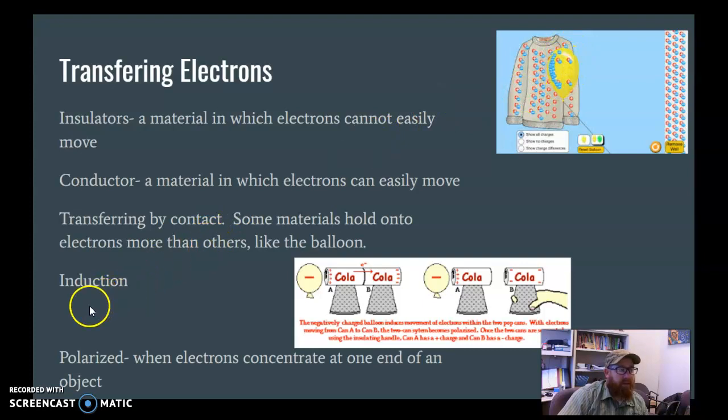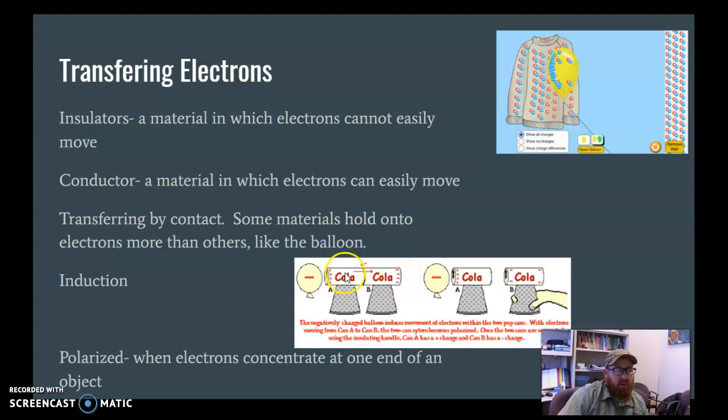And we also have transferring by induction. So here we have this negative balloon, and we put it up next to these two Coca-Cola cans that are next to each other. They're touching each other. If you put this negative charge up next to this Coca-Cola can here, all of the negative charges are going to be repelled to the other side, as far away as they can get.